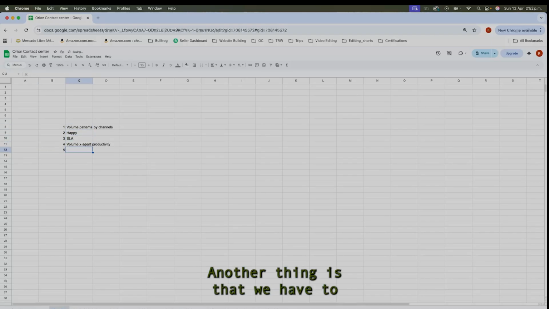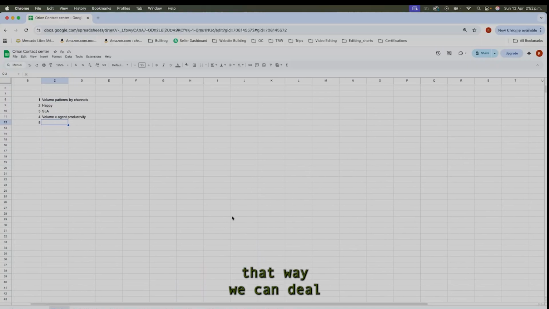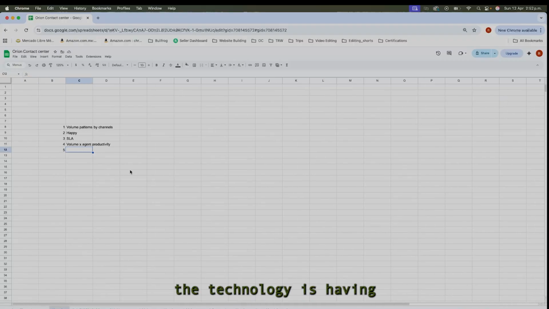Another thing is that we have to know why the customers are calling. If there is a system issue in our technology that is happening all across the board, we need to know, because that way we can tell the engineering team or the product development team that their technology is having a failure.